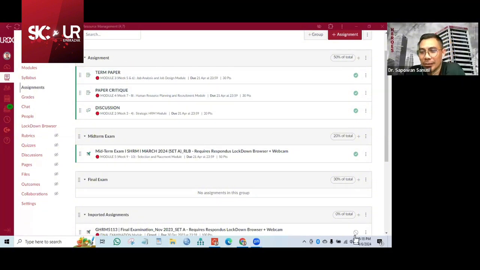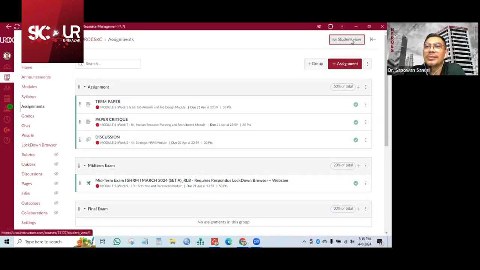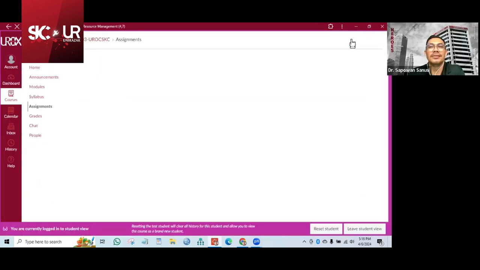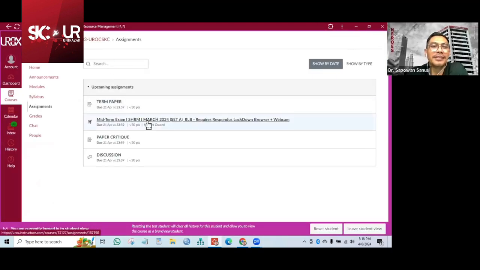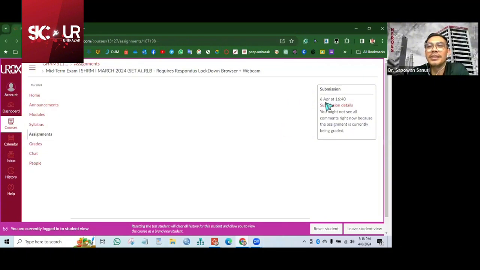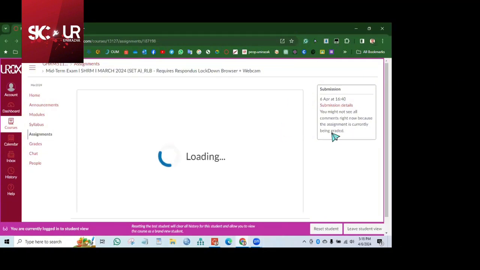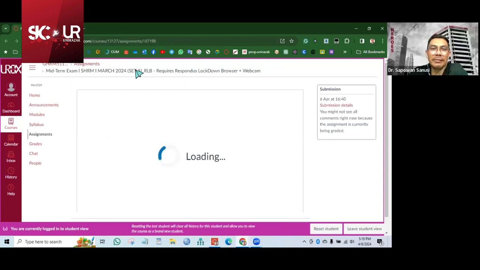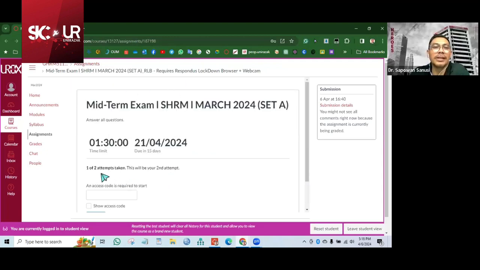Okay. So saya pergi dekat student view. Okay, first tekan yang, okay, dia sampai sini nampak kan? Okay, you akan dapat ni lah website macam ni, dia akan keluar. So dia bagi tahu.